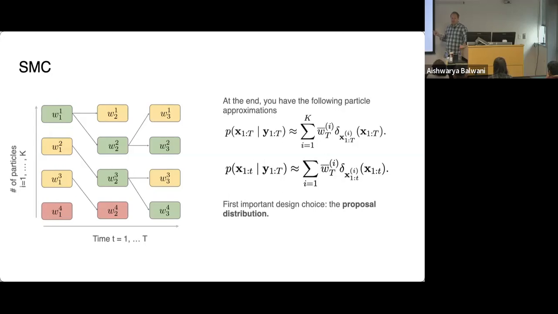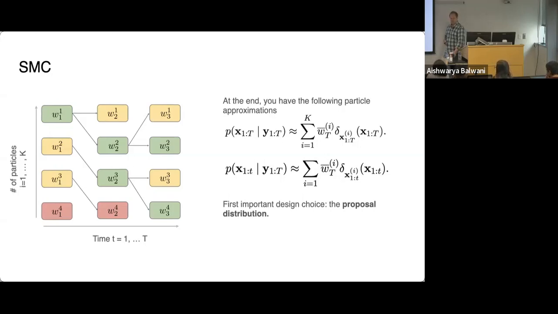The other thing worth noting about SMC is that in terms of variance, you can show that the variance of sequential Monte Carlo estimators only grows linearly in the number of time steps, whereas for importance sampling, it grows exponentially with the number of time steps. And so, yeah.